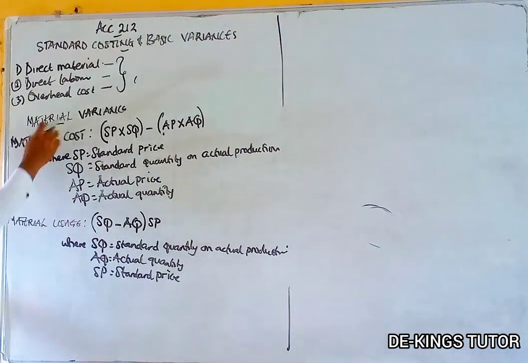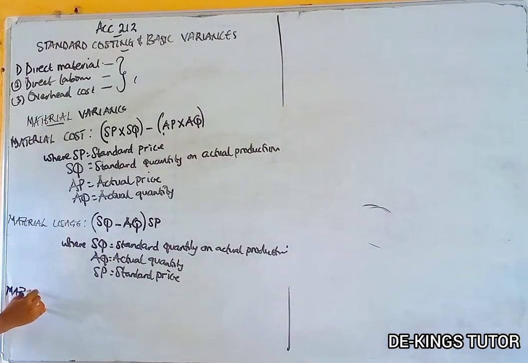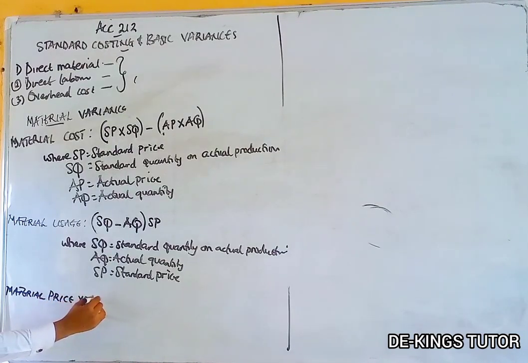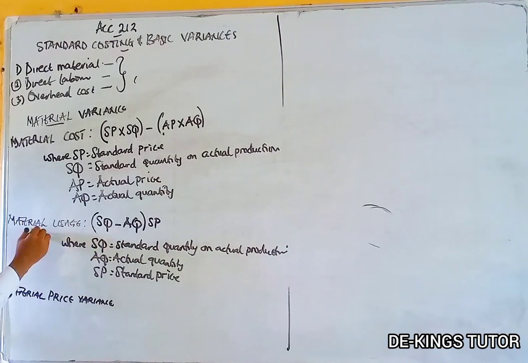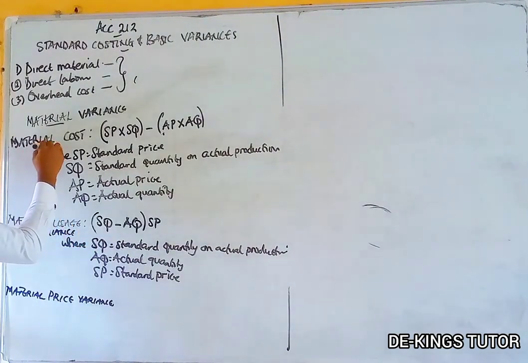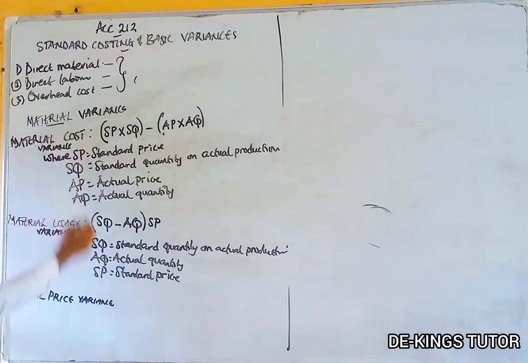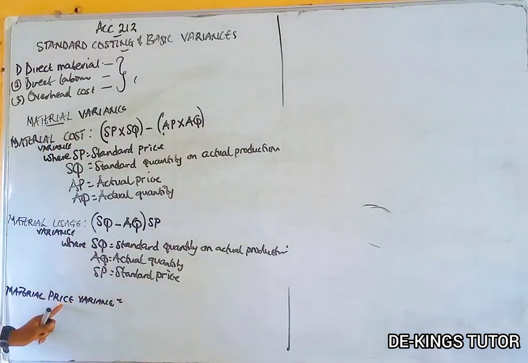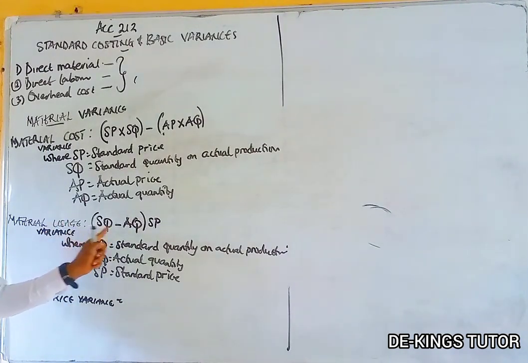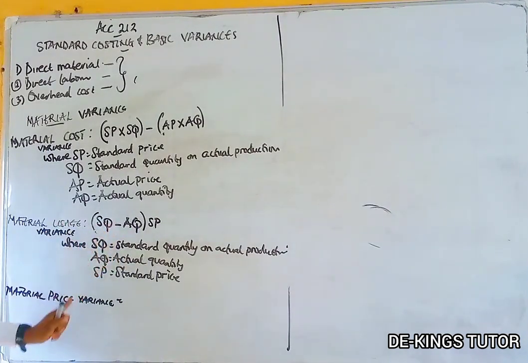While the last part of the material variance is the price, which is the material price variance. Now usage is quantity. That's why we have to look for the quantity. Now he's talking about price.